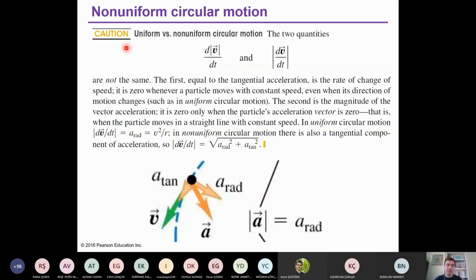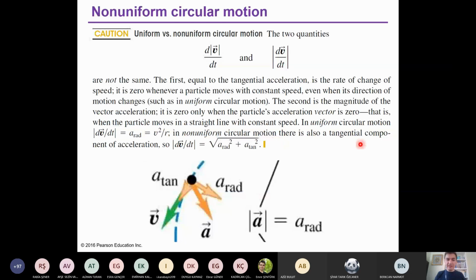Very important. Okay, so this one here is given with a radial component if the velocity is constant, and then it gives us v squared over r. But in non-uniform circular motion, there is also a tangential component of acceleration.